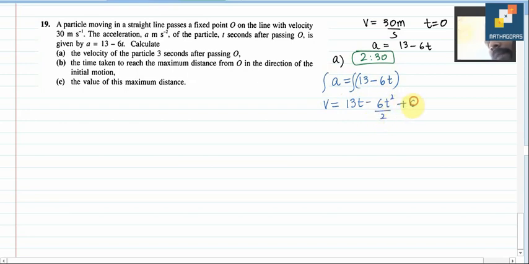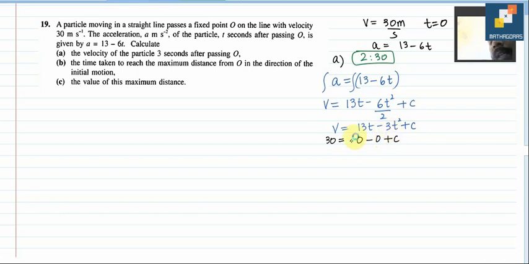So you can say that velocity equals 13t minus 3t square plus c. Alright. To find out the value of c, we have the condition that when t equals 0, velocity is 30. So it's 30 equals to, it will be 0, and the value of c we can get easily, that c is equal to 30. Alright.